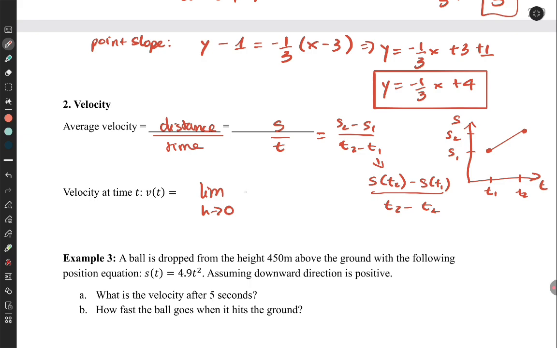Therefore, you have the difference quotient S of t minus h minus S of t divided by h.